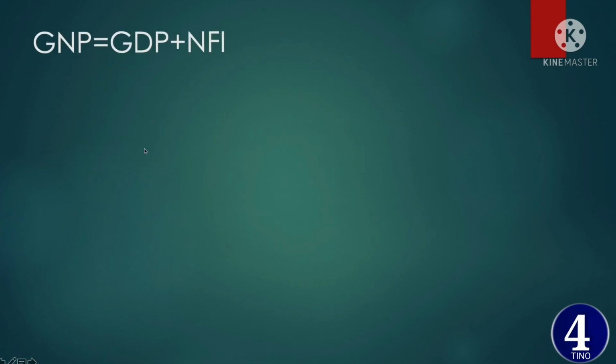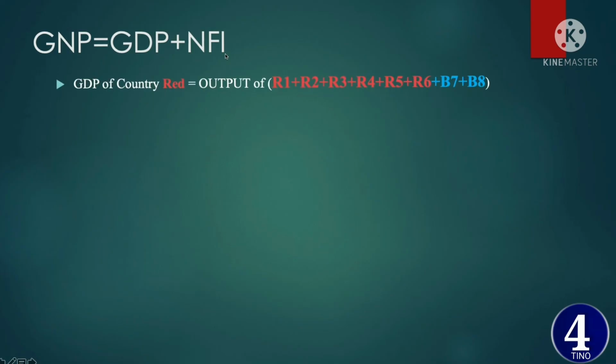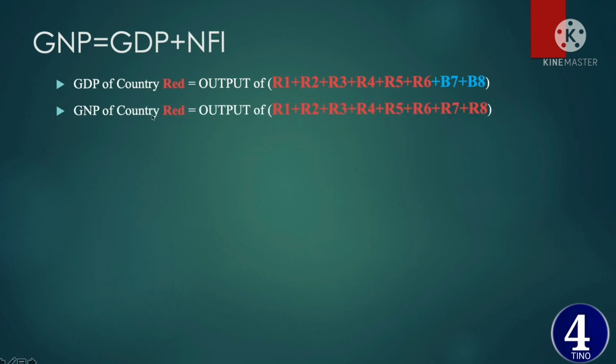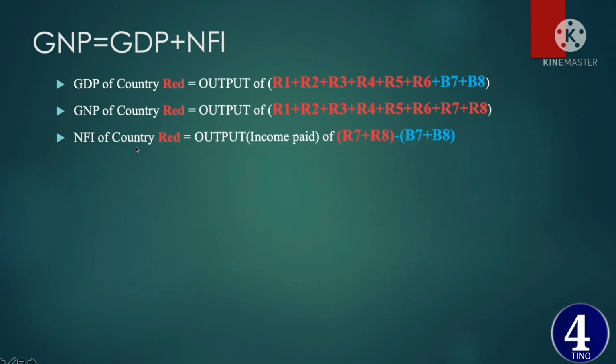Then we said that GNP equals GDP plus NFI, right? Let's prove this. GDP of country red, as we have calculated in the example, it is given like this one. And we know that GNP of country red was this one, and NFI of country red, we have seen in the previous slide that it was like this.